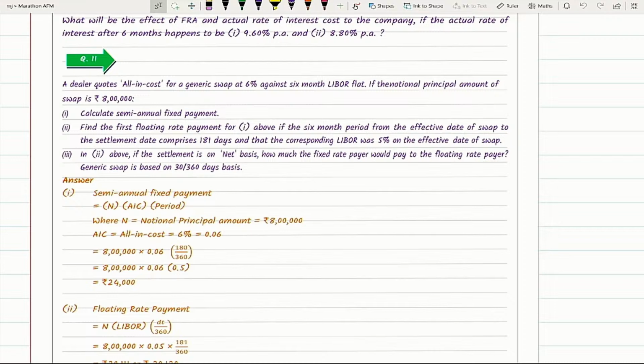It's a swap of a fixed versus floating, I think, and look at the numbers carefully.